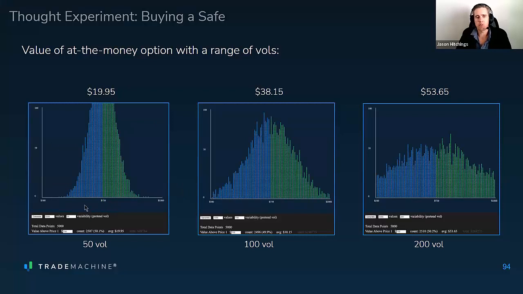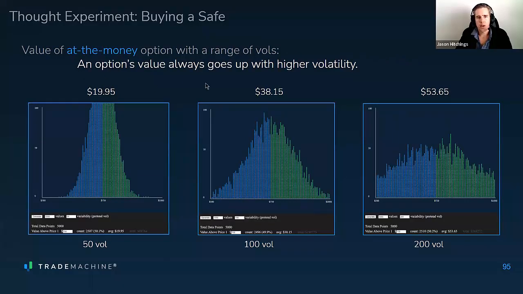So even if there's a 50-50 chance of having nothing, the things that you would have access to would all of a sudden be of far greater value. And so that's what we're seeing here. As the volatility increases, the chance of having anything stays the same, but the potential value in the option goes up substantially.